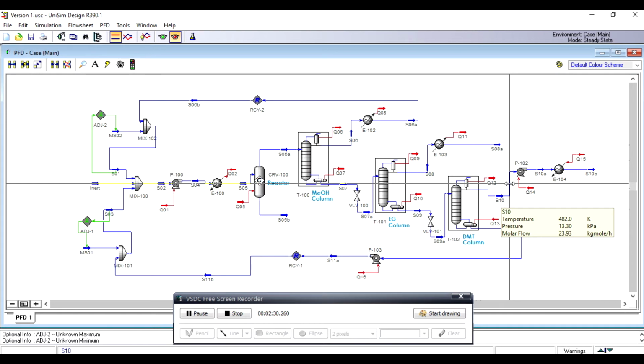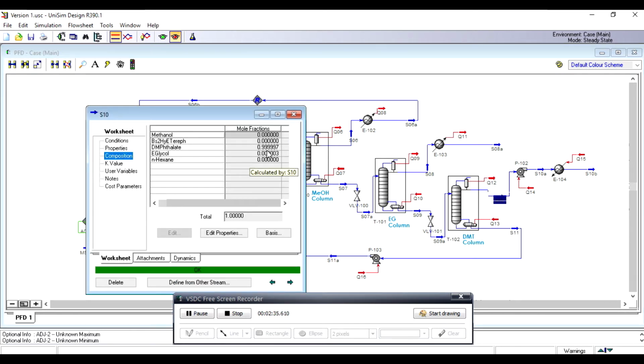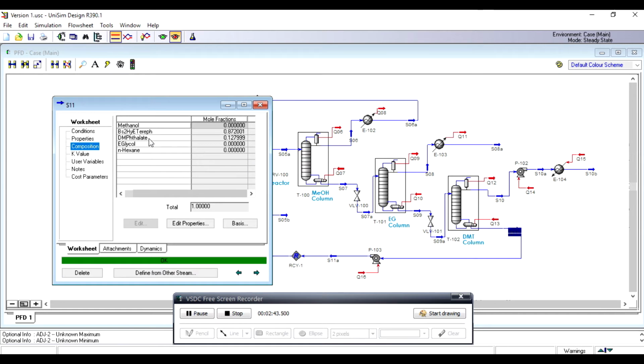So the distillate stream consists of our second main product, which is DMT at 0.9999 mole fraction. The bottom stream consists of a mixture of DMT and unreacted PET, which is around 10% of the feed.